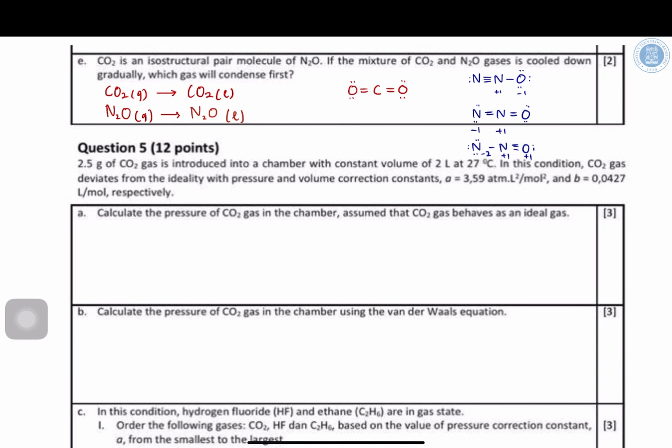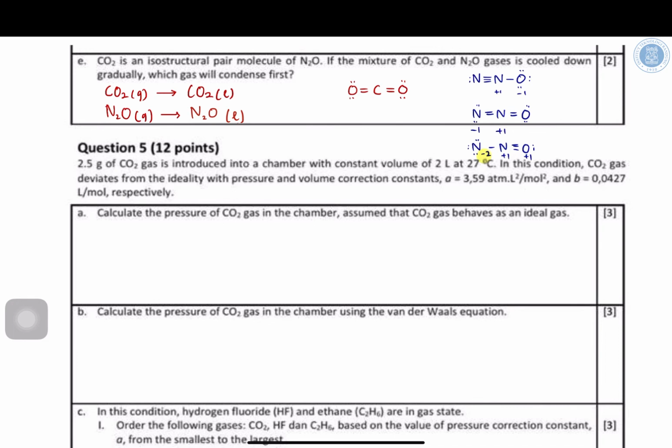Okay, so among these three structures, the most stable is the one in which the formal charge is less than or equal to +1 or -1. So this one over here having -2 is not favorable. So we are going to look at the first and the second structure, and remember that the more electronegative atom is more stable if its formal charge is also negative.